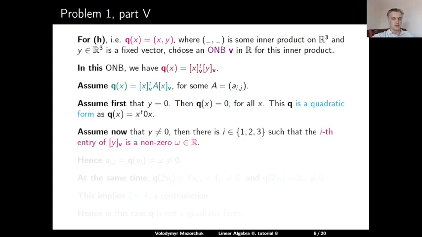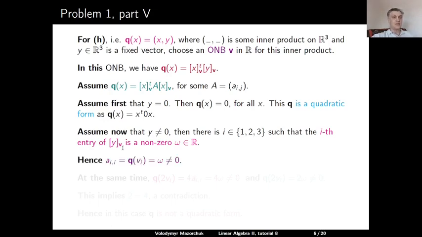Now assume that y is not equal to 0. Then there exists i, the index between 1 and 3, such that the i-th entry of the vector, which gives us y's coordinate in the basis V, is non-zero. Let's assume that this non-zero number is denoted by omega. It's a real number which is not 0.